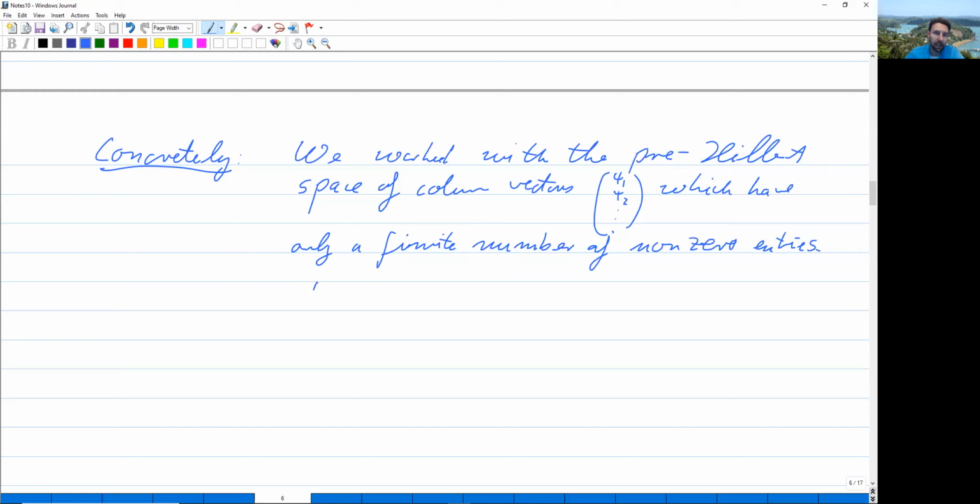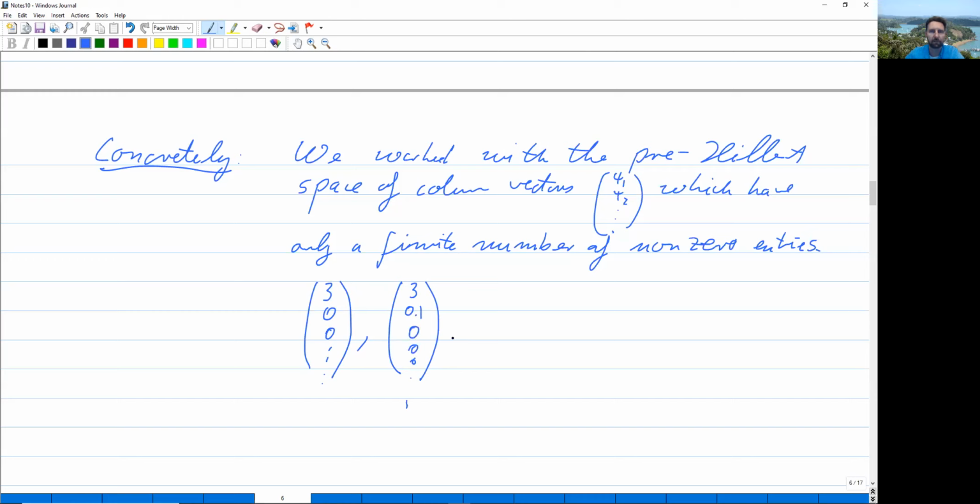I will write down now a sequence of vectors where every vector is in this pre-Hilbert space, but this sequence is a fundamental sequence, and yet it doesn't converge towards a vector in that pre-Hilbert space. For example, let's take the vector with entries 3, 0, 0, and the rest is 0. Now, the next vector in our sequence is going to have the entries 3, 0.1, and then 0, 0, 0.